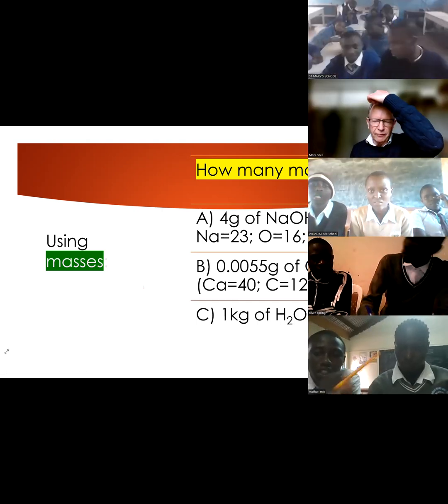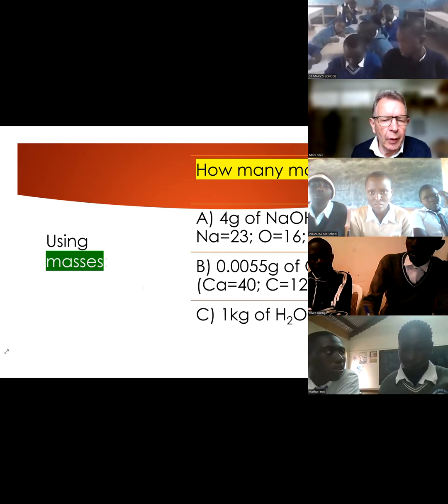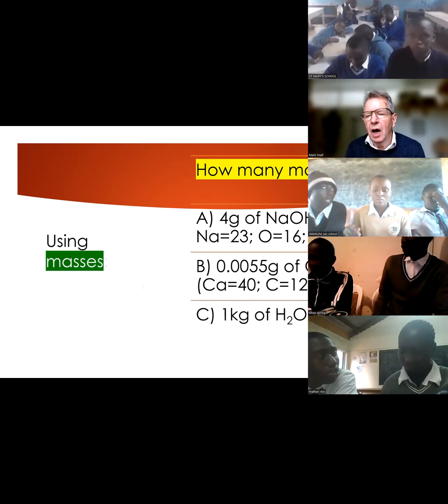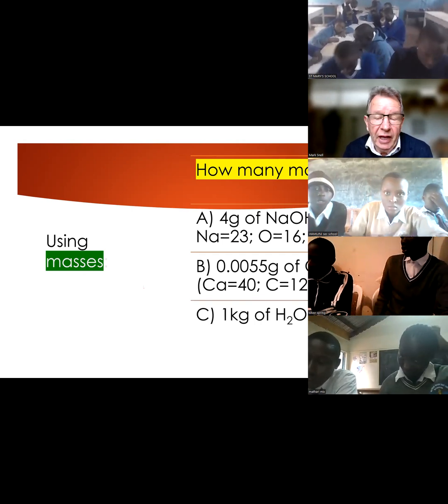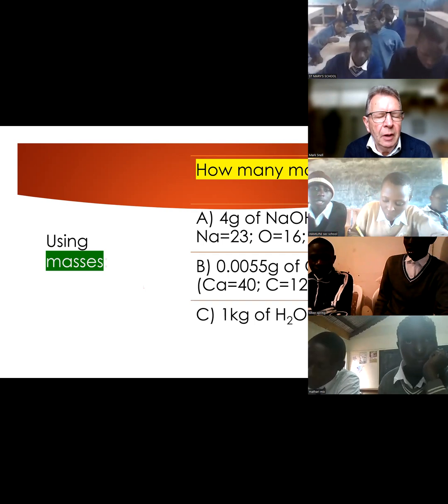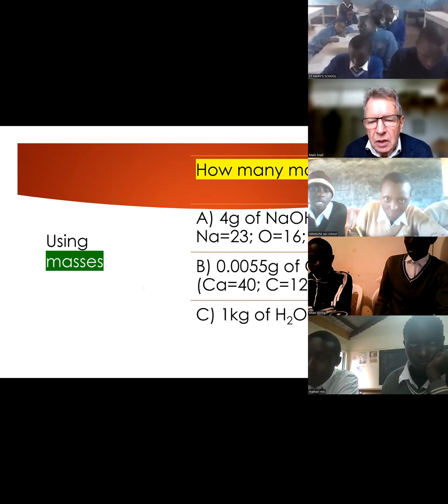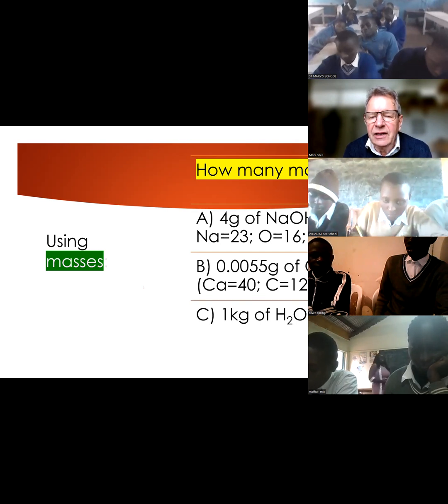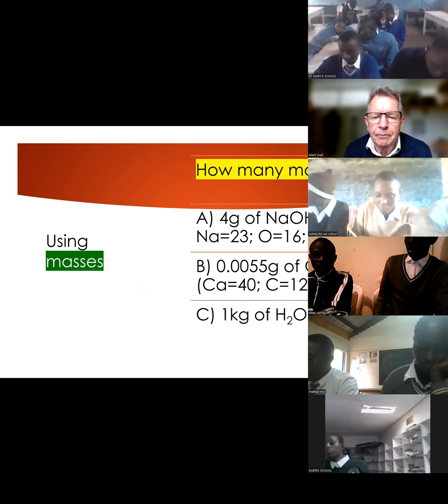How many moles in 4 grams of NaOH? Moles equals grams over RMM. So we have to work out the RMM of NaOH. That's 23 added to 16 added to 1, which makes 40.